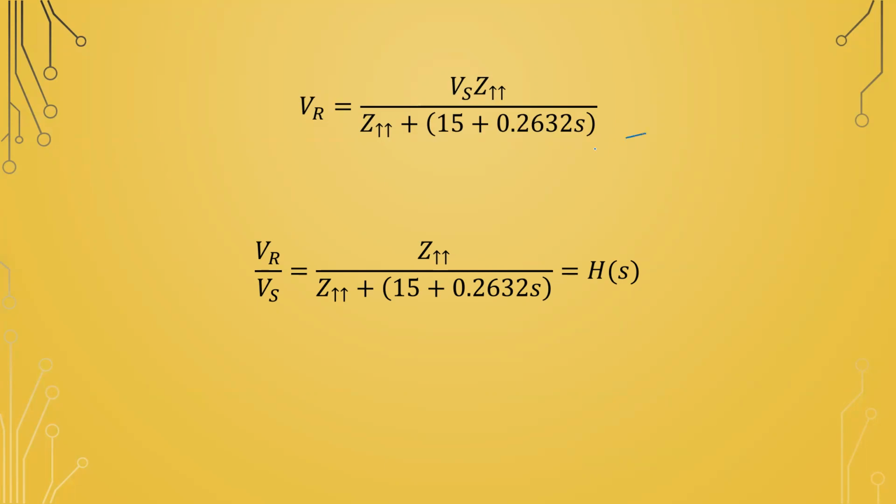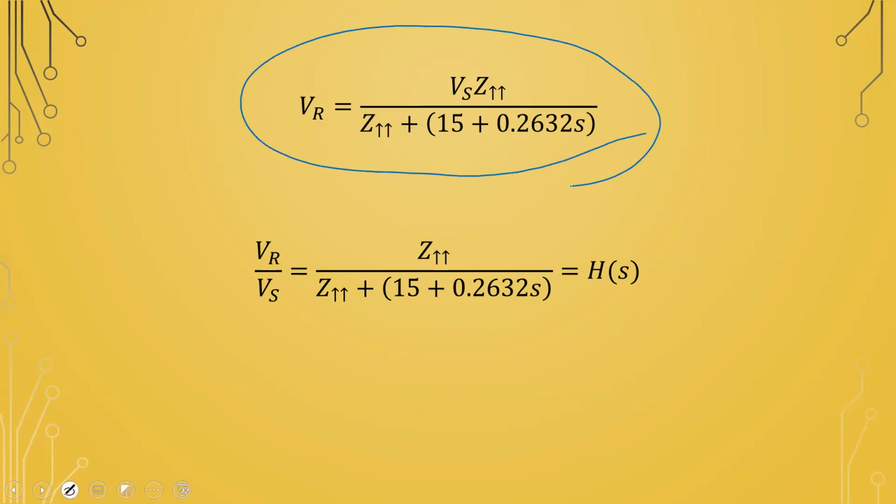So we're applying voltage divider here. And of course, immediately we have our transfer function, which is VR over Vs, which is how we define the transfer function for this.